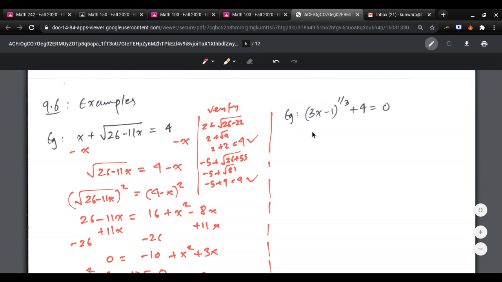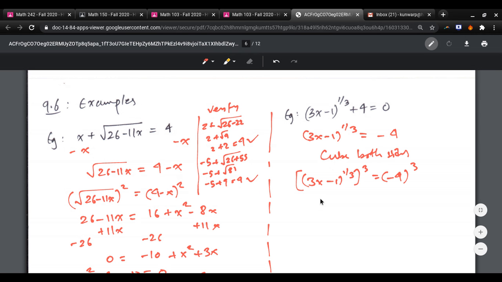Now here I have a cube root. So again I isolate the radical term and now I cube both sides. When I cube both sides, I have the 1/3 power cubed, and negative 4 cubed. That's 3x minus 1 is negative 64.